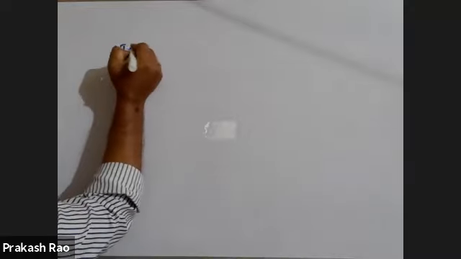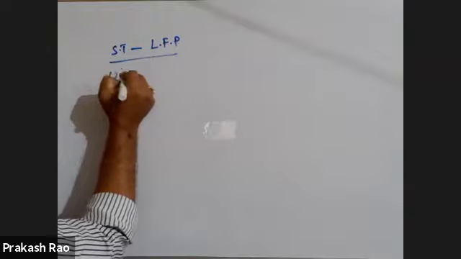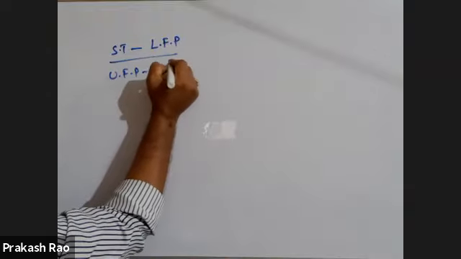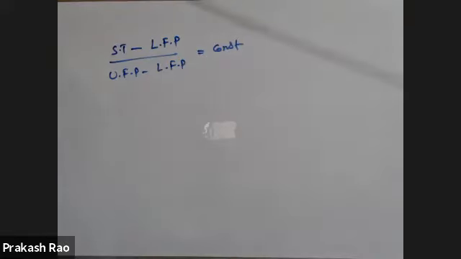So temperature minus lower fixed point by upper fixed point minus lower fixed point remains constant for any scale. Here what are the scales? One is the Celsius scale. In the Celsius scale it is 60 degrees centigrade. Then in that new scale what will it be?